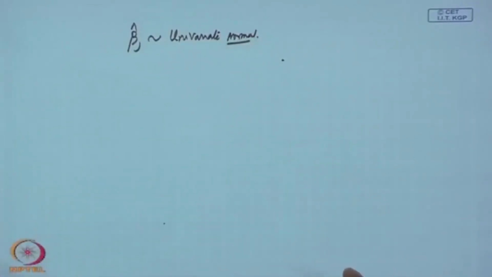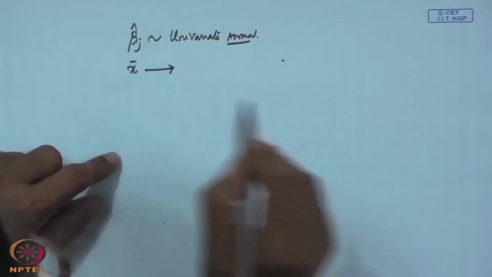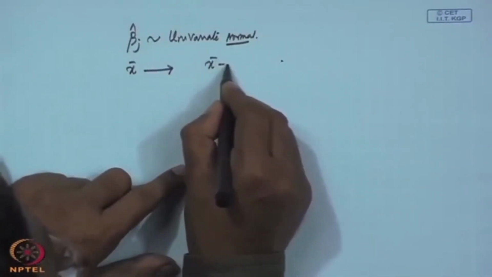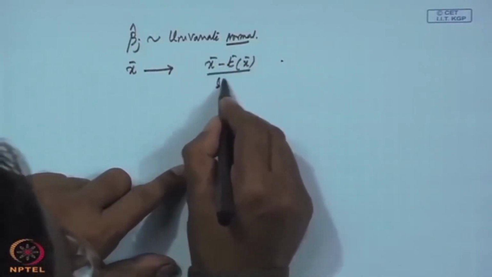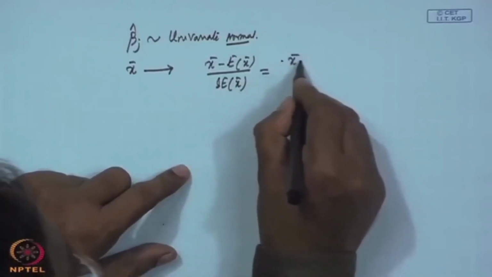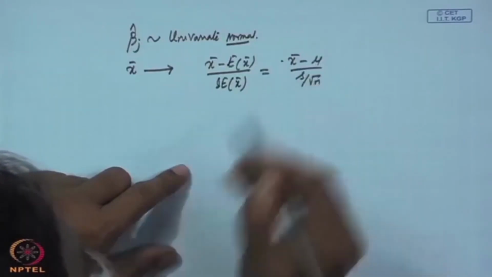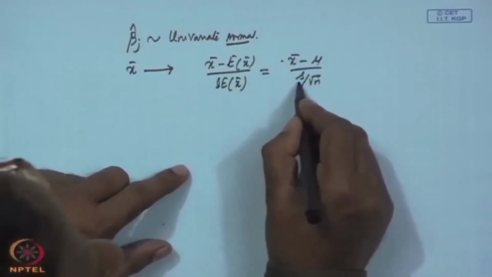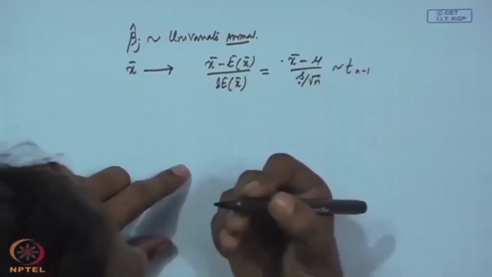Now, depending on sample size what will happen? When we took x bar, if you can remember, we created x bar minus expected value of x bar divided by standard error of x bar. This is nothing but x bar minus mu by s by root n when sigma is not known. So, this follows the t distribution with n minus 1 degrees of freedom.